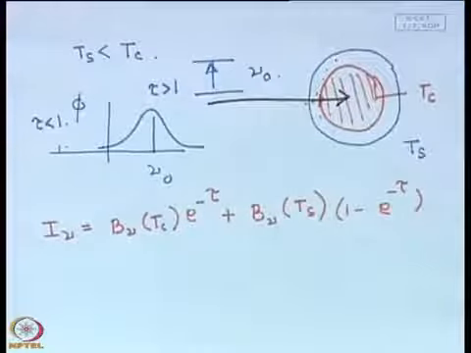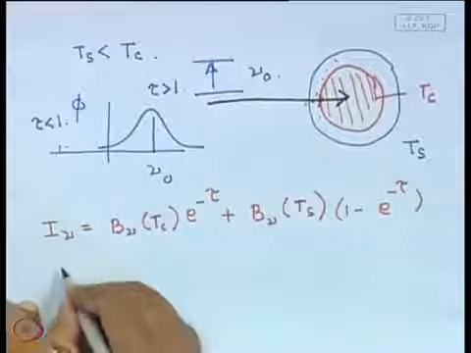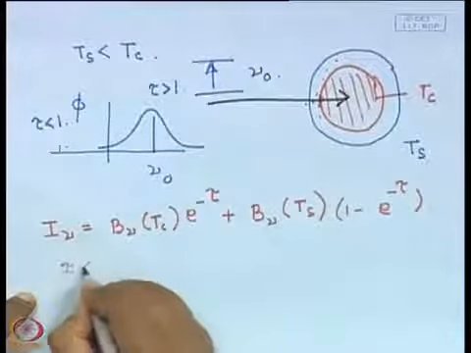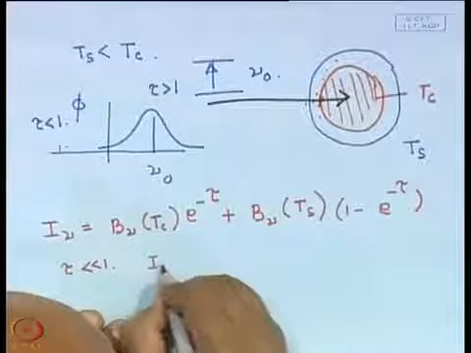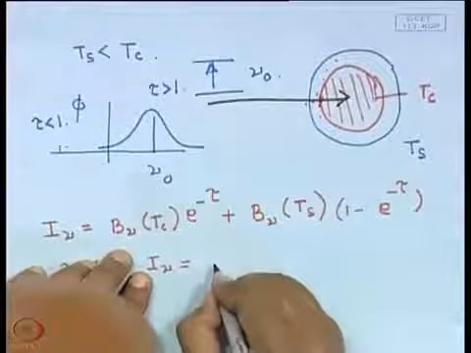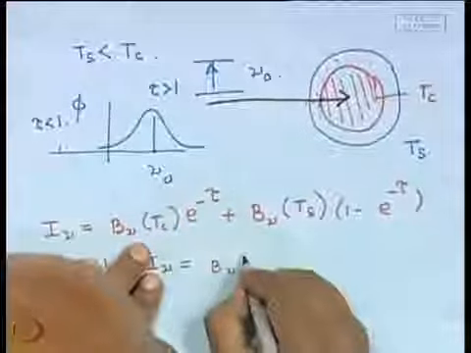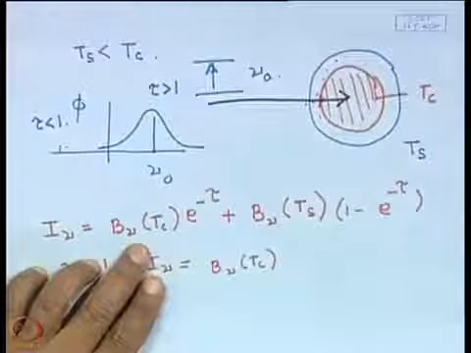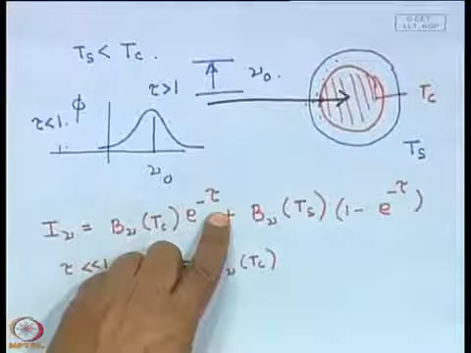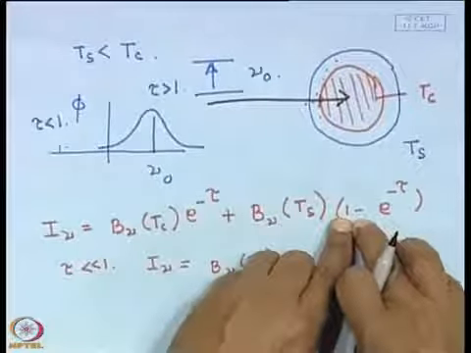Okay. So, what happens when you are looking far away over here? When you are looking in the region where the optical depth is much less than 1, in that region I nu, the specific intensity, is essentially B nu Tc. So, if I do a Taylor expansion of this now, this will become 1 minus tau, and this will become just tau.